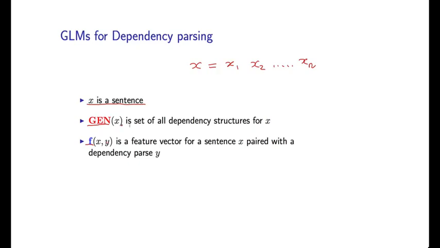So GEN is going to be very simple. It is simply defined as the set of all dependency structures for the sentence x. So for example, for "John saw Mary", GEN of the sentence will return all possible dependency structures over these three words.